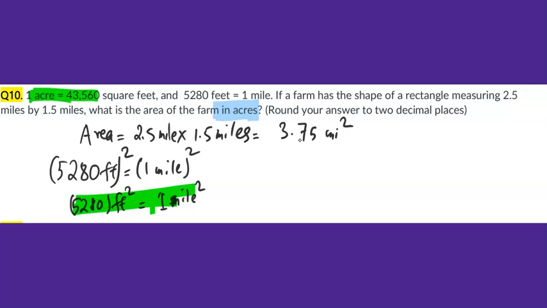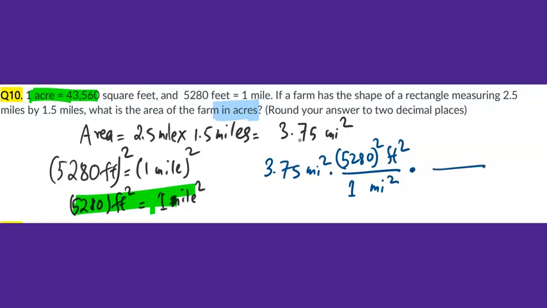So how are we going to do that? I start with 3.75 square miles times, dividing by 1 square mile in the bottom because I need to cancel, and the top is going to be 5280 squared square feet. Again I have to change to acres, so I need acre in the top and square feet in the bottom.